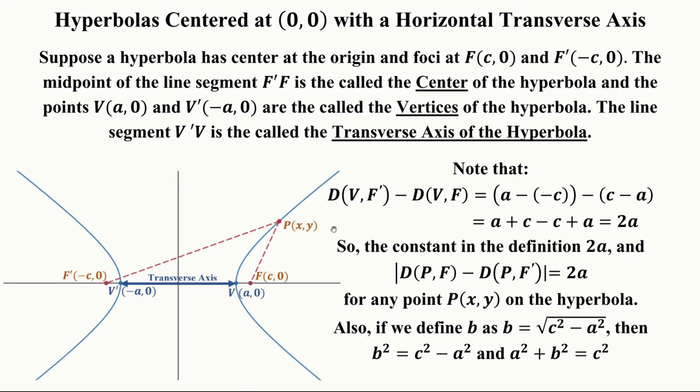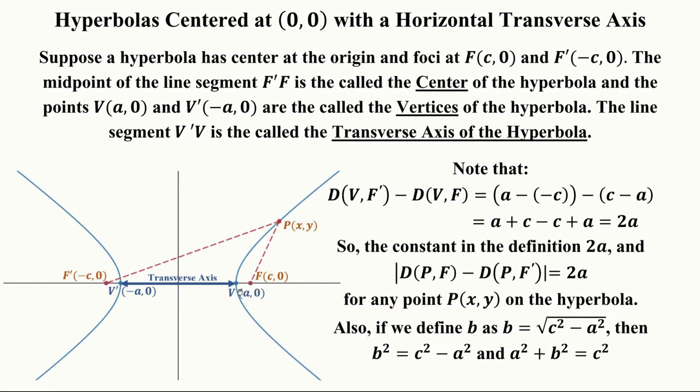Now, given that the vertex V here is also one of the points on the hyperbola, it should also satisfy that requirement, meaning the absolute value of the difference between the distance from V to the far focus F prime and from V to the near focus F should also be a constant.